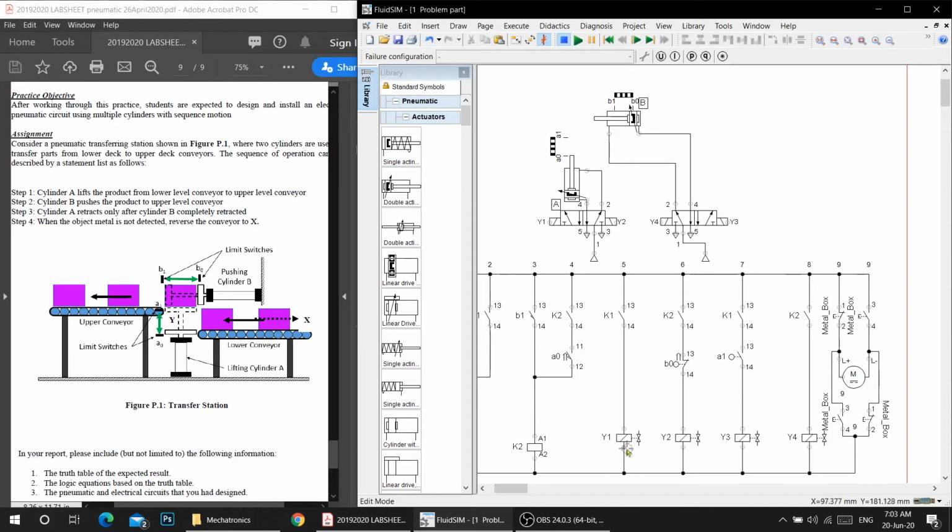Okay, you may ask, what are the Y1, Y2, Y3, and Y4? These Y1, Y2, Y3, and Y4 are basically the solenoids that control the direction of the valve. As you can see over here, Y1, Y2, Y3, and Y4.